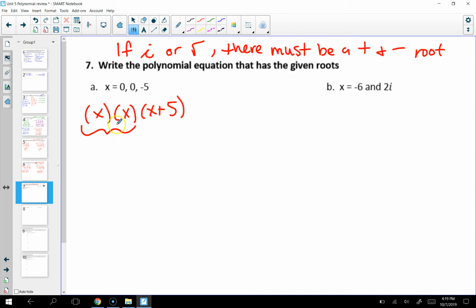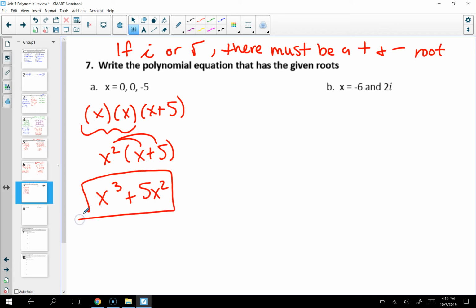I'm going to do these two first because x times x is just x squared. Multiply that by x plus 5. I'm going to distribute. We're going to get x cubed plus 5x squared. That is my polynomial. Notice my degree is 3, and I had 3 roots to start with. That should always match up.